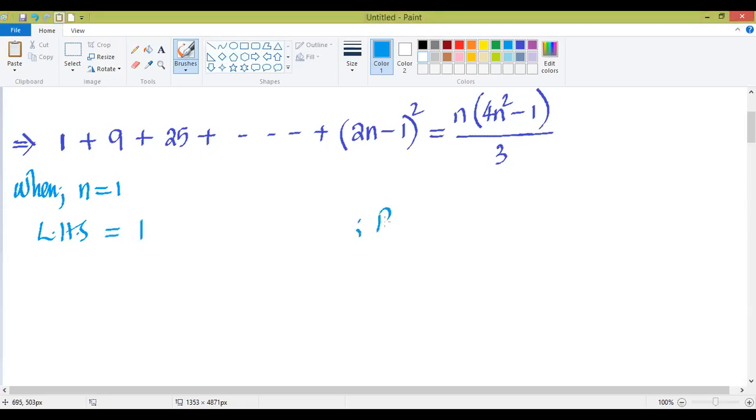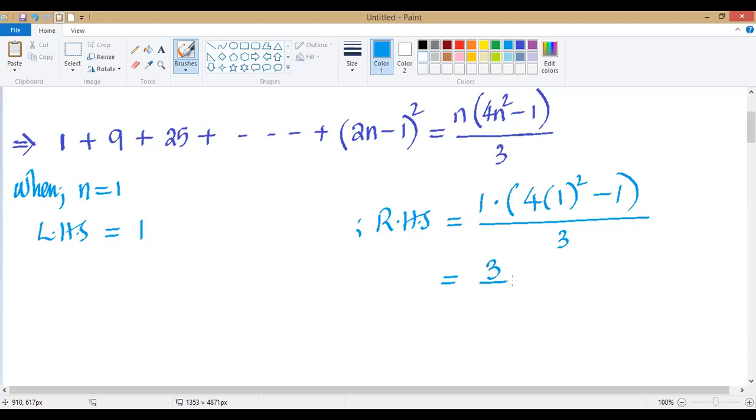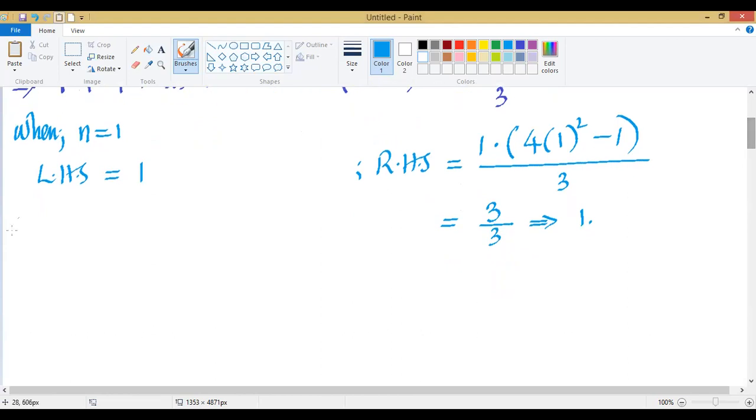However, on the right-hand side, when n is 1, I will get 1 into 4 into 1 squared minus 1 out of 3, which is 4 minus 1, which is a 3 in brackets there, 3 over 3, which still gives us a 1. So it's true that at n equal to 1, the series is correct.